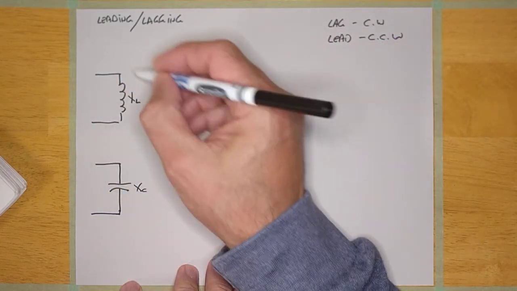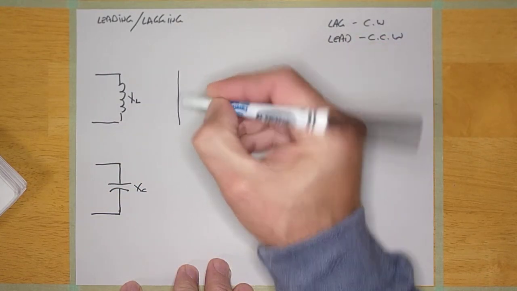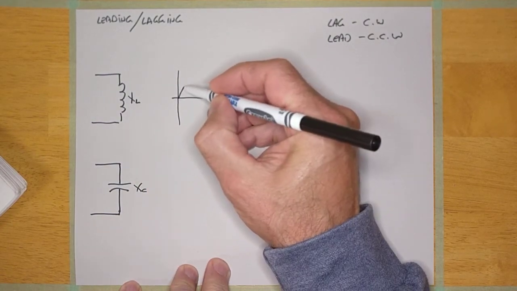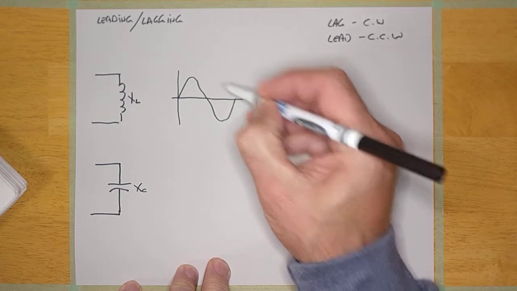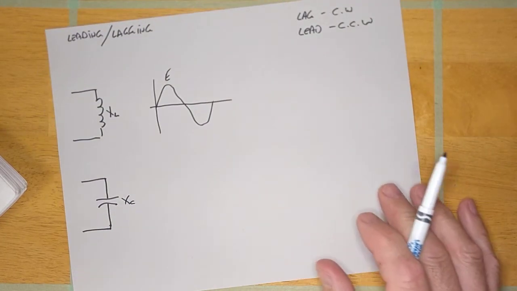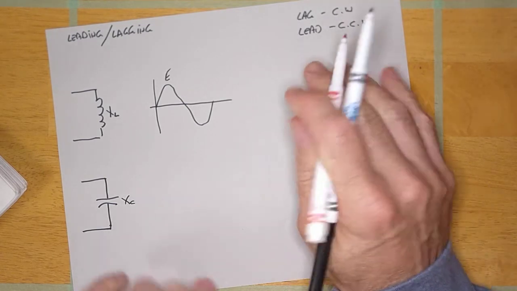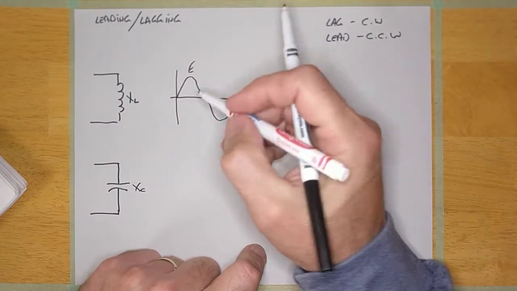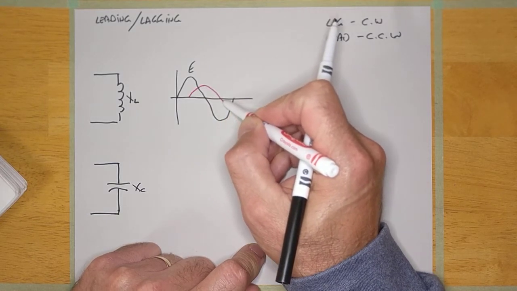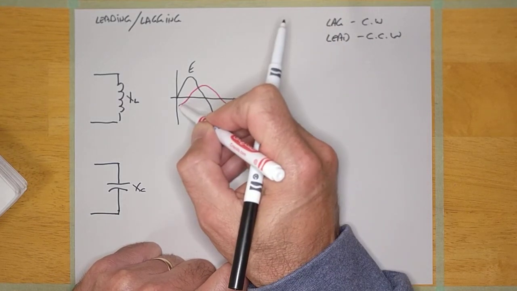All that means is if I had an inductor and I took a look at the two sine waves, the voltage sine wave, let's draw that here for a second. Okay, so that's E. An inductor always causes the current to lag the voltage, which means if I were to draw the current sine wave on here, it would be sitting here lagging by 90 degrees.